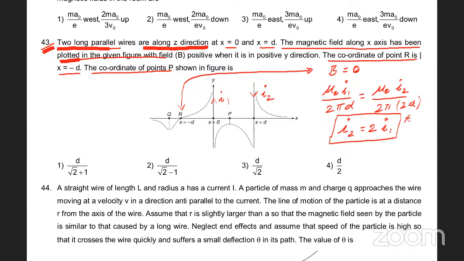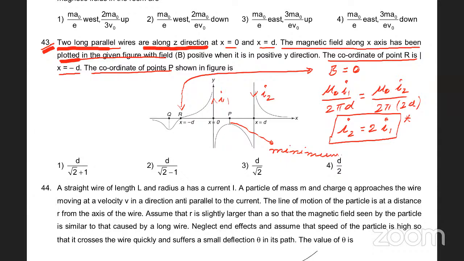Next, at point P, the field is minimum. This is the second point. This is a good problem. From graphical analysis, we can find that at point P the field is minimum.